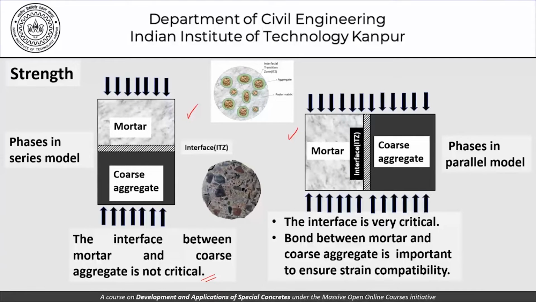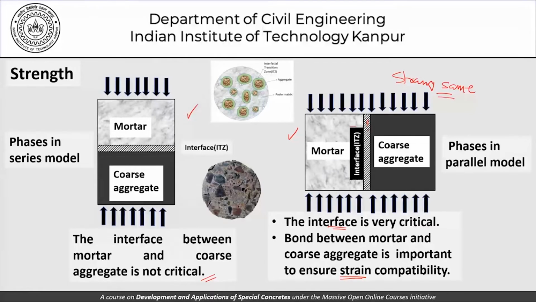So basically what we are saying is that as far as this load transfer is concerned, the strains in the three components have to be the same. And for that to happen, there has to be a good bond here. That's why it's important to have the interface having certain properties. If the interface is weak, the bond is weak, and the concrete will behave very differently.